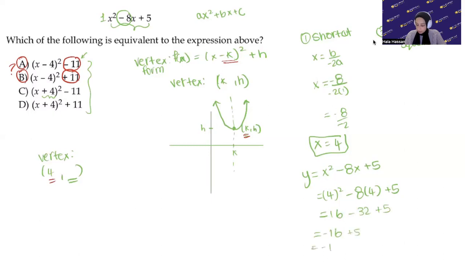So we have negative 11. There you go. We just found our h value. So the y value at the vertex, or basically what we refer to as our h value, is negative 11. So we can choose the negative version. So this A value is our answer, okay? Not this one.